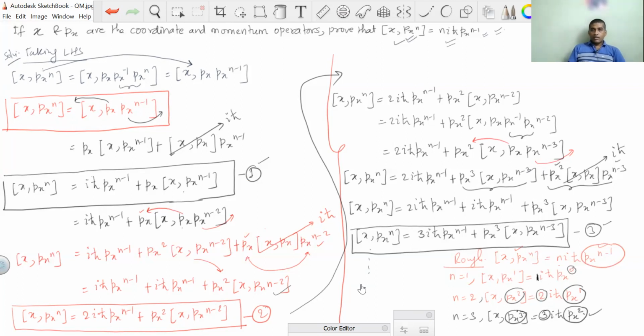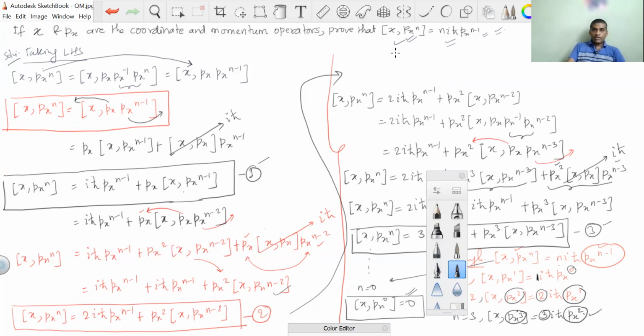Now let us take n equals 0, and for n equals 0 in this relation, we get the commutator of x, px power 0 equals 0. So we have this relation, and this is to be noted. So we use this concept, and we need to note this.